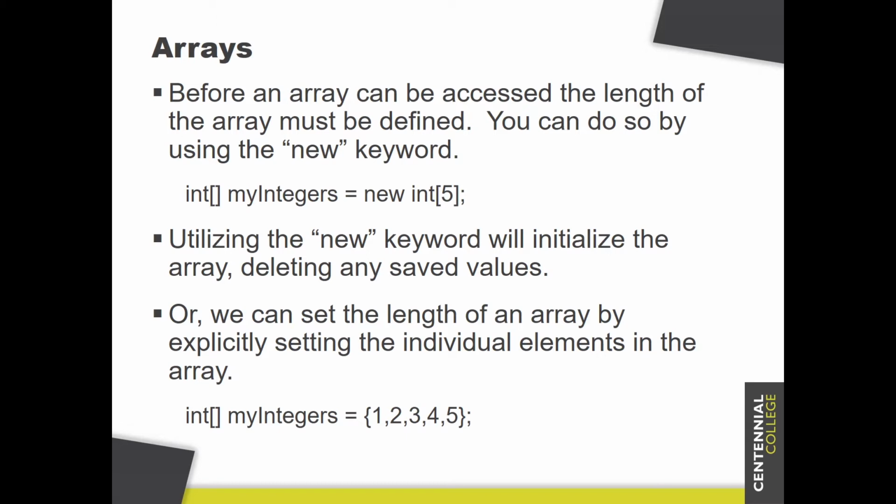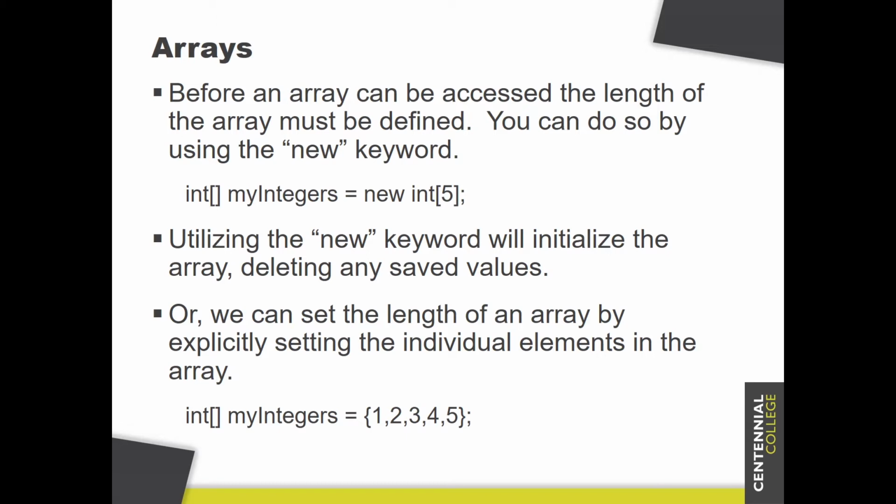If, however, upon declaration of the new array, we decide we want to also initialize the array, we can absolutely do so. We can first declare the array, int square brackets myIntegers, just as we did before, and then utilizing the equal sign and our open and close braces, the values between the braces define what goes into the array.